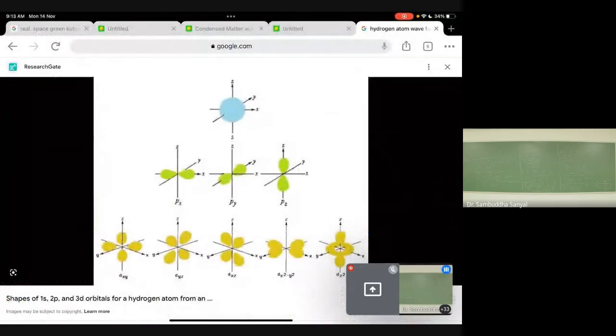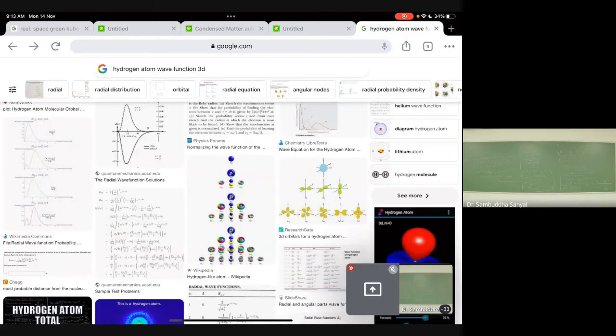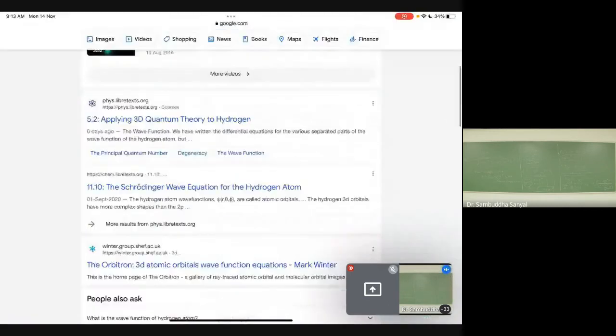Yeah, so these are some of the pictures which you might have seen before. So it's easy to see that when l and m are both 0, there is no shape in the theta phi direction. They are all uniform in all directions, so it must be a sphere. And when l and m are not 0, then of course you can have some more peculiar structures, because now the theta phi has a different spatial dependence. So let me see if there is.